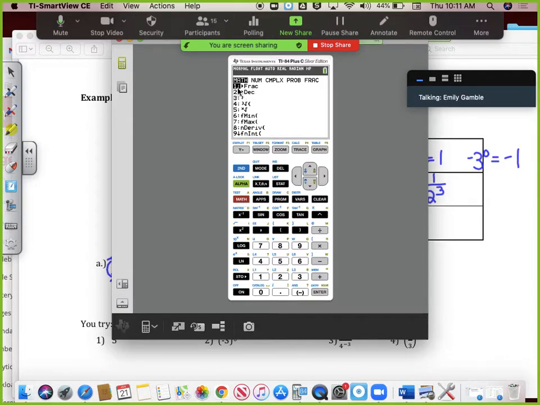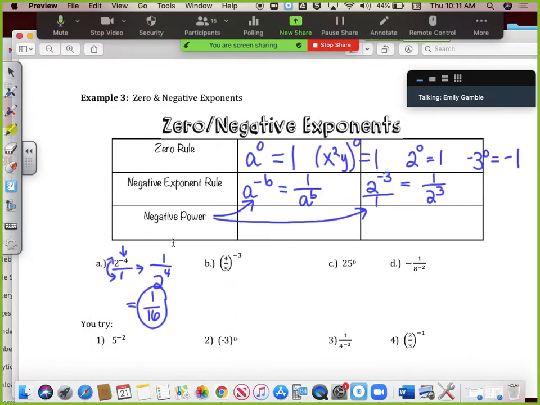And the first option that it's already on is fraction. If you hit enter, it'll change that answer into a fraction. Hit enter again, and it gives you the answer in fraction form. So that's 1/16. So 2 to the negative 4 power is the same thing as 1 over 2 to the 4th power, which is the same thing as 1/16.